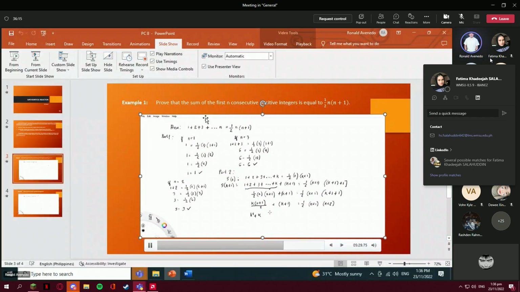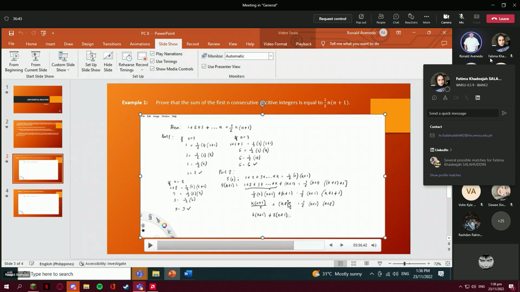Now, in this part, you are going to combine or simplify. Since in the left side of our equation, we have a fraction and a whole number, then we will be using the idea of LCD. And remember, the LCD of this is 2. So the shortcut way for LCD is you will just multiply the denominator to the whole number.